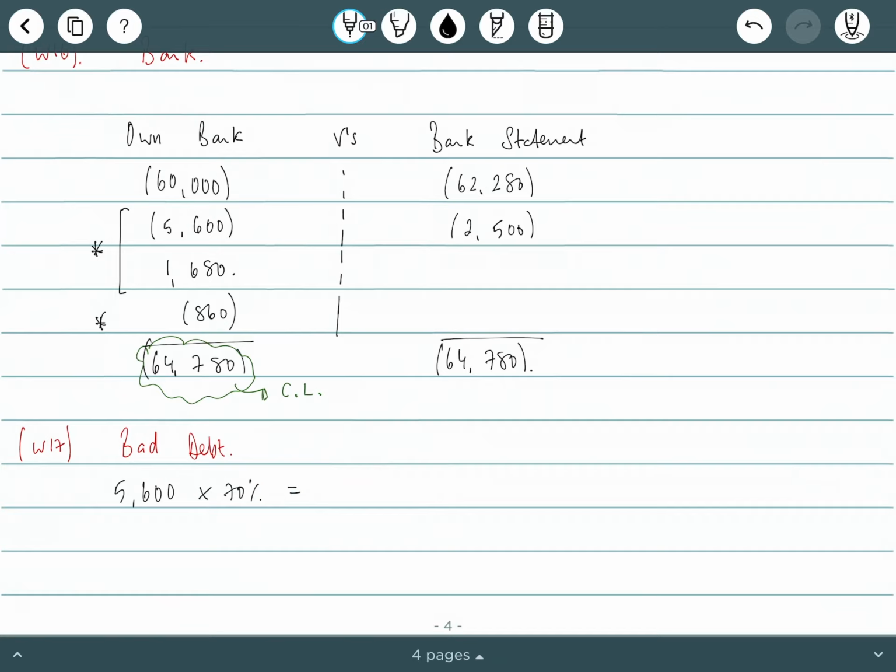So 5,600 multiplied by 0.7 gives us 3,920. That is your bad debt, lads. Now that will go in as a selling and distribution expense. That's that working taken care of.